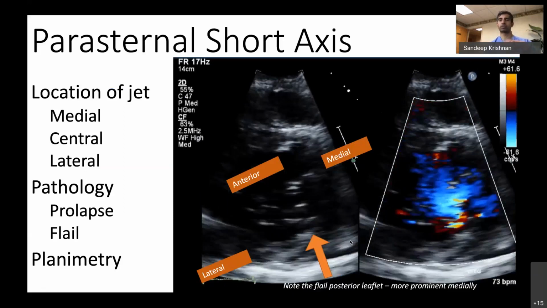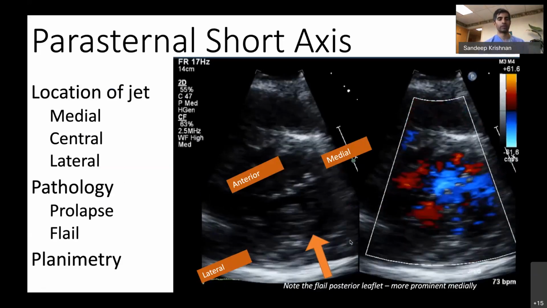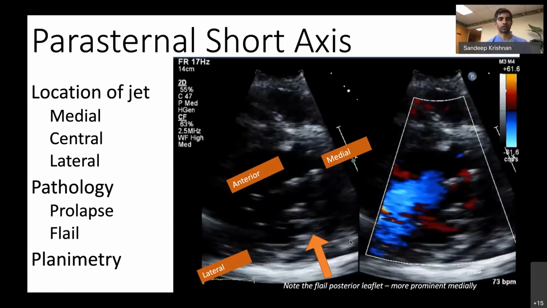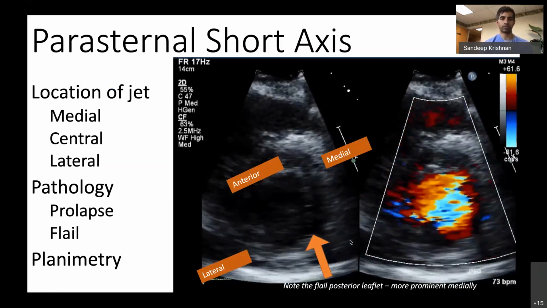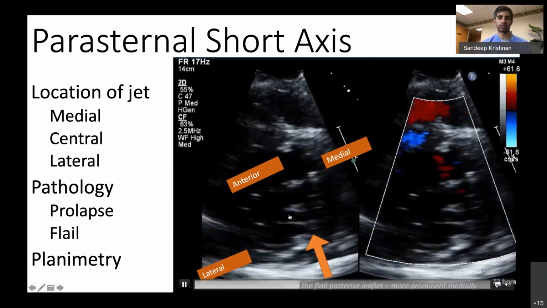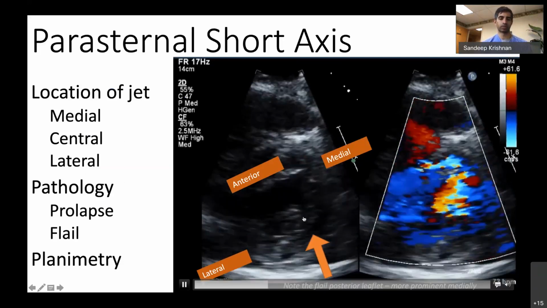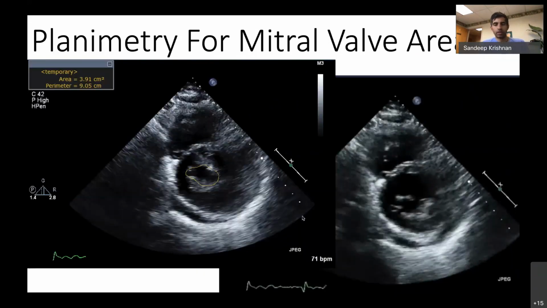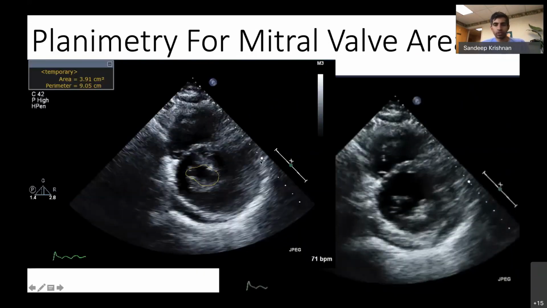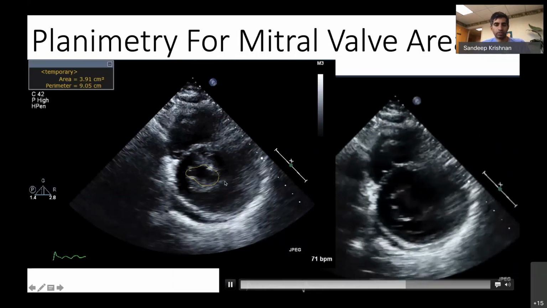That gives me a clue as to the severity of the valve, and it also allows us to get a better idea of the pathology. It can guide us in determining whether something's a posterior prolapse or flail, etc. And here's that planimetry. We can actually do a decent planimetry based on just the short axis mitral valve area alone.